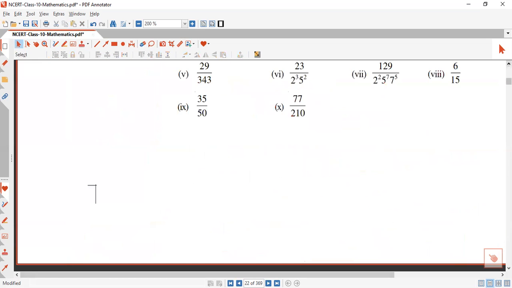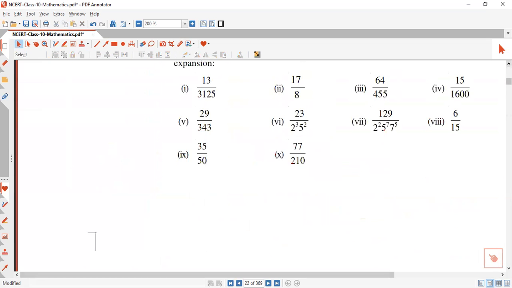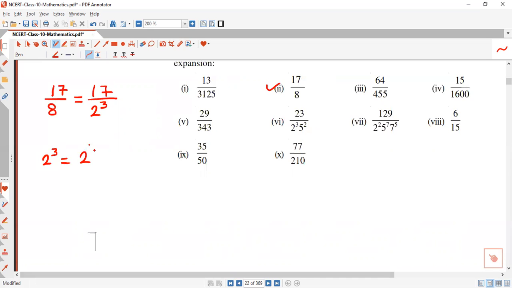Now see the second part of this question: 17 by 8. 17 is a prime number and 8 can be written as 2 cubed. Now the denominator 2 raised to 3 can be written as 2 raised to 3, 5 raised to 0.